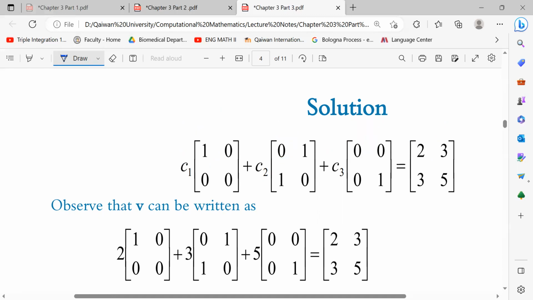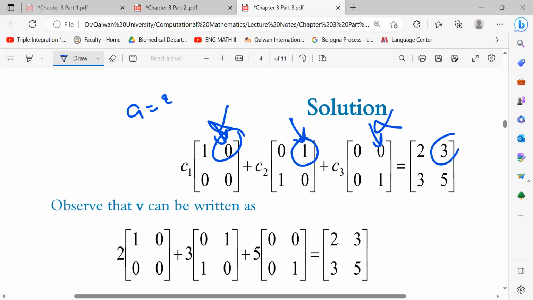So C1 is 2, and then at this location these two are 0. We don't get any value from these two. We just get it from here. But here is 3. So we must get 3 by multiplying C2 with 1. So C2 should be 3.